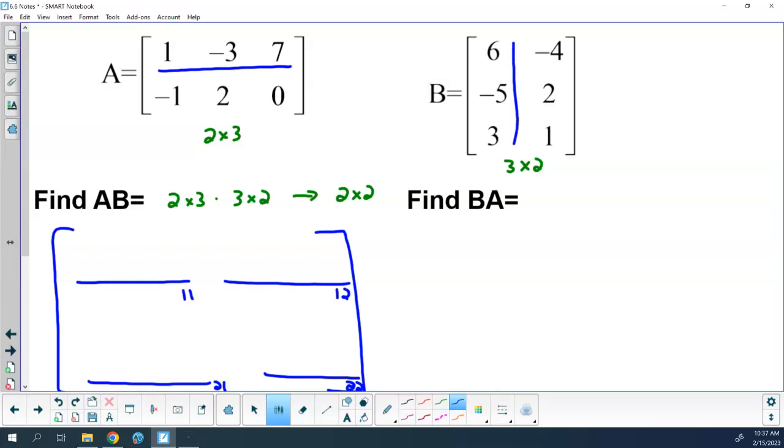So that's going to be 1 times 6 plus negative 3 times negative 5 plus 7 times 3. Row 1 times column 2: 1 times negative 4 plus negative 3 times 2 plus 7 times 1.